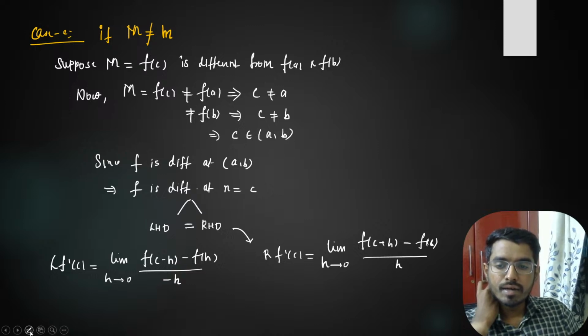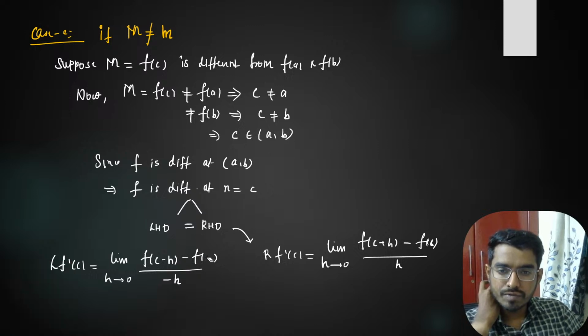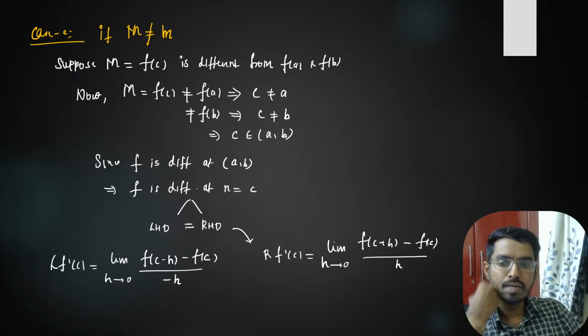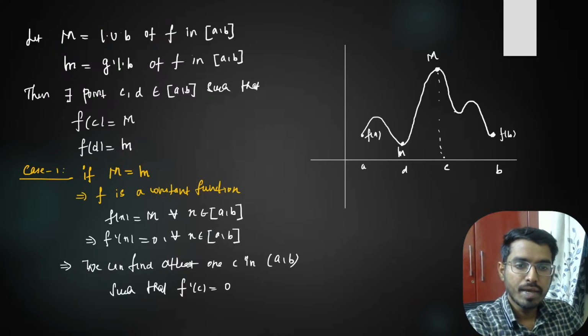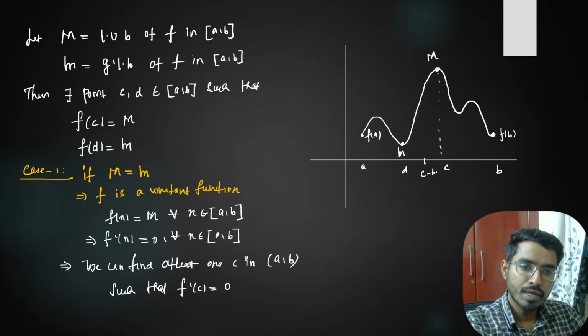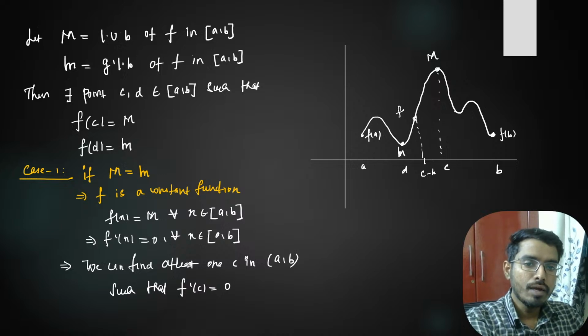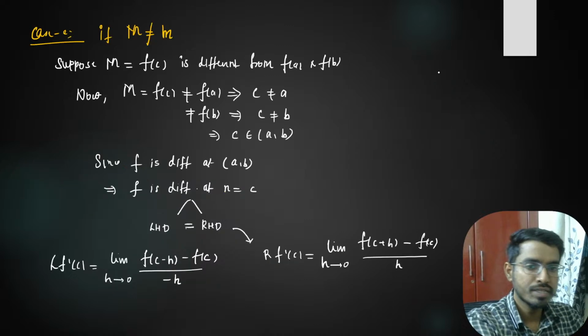Now, very important point. What is the relation between f of c minus h and f of c? See, c minus h will be somewhere around here. This is your f of c minus h. And surely this f of c minus h value will always be less than or equal to capital M. Yes or no?